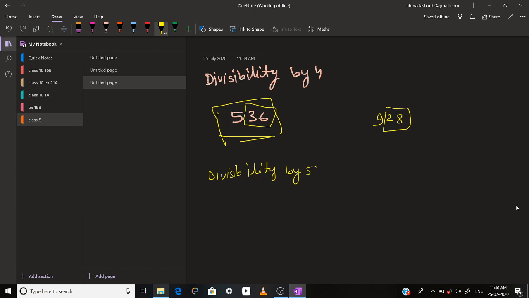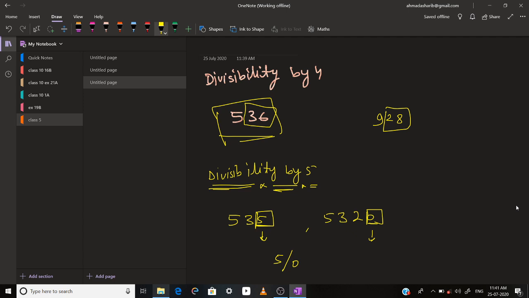Now divisibility by 5. How are we going to check this? We have to see the unit place number. For example, 535. The unit place number is 5. Here, 5320. The unit place number is 0. So if the unit place number is 5 or 0, then the whole number is divisible by 5.